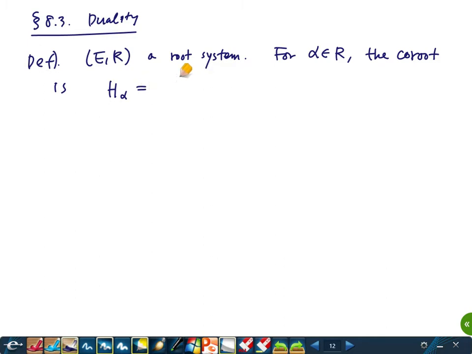This is 2 alpha over alpha comma alpha. This is familiar, right? We've seen this when we studied semisimple Lie algebras.